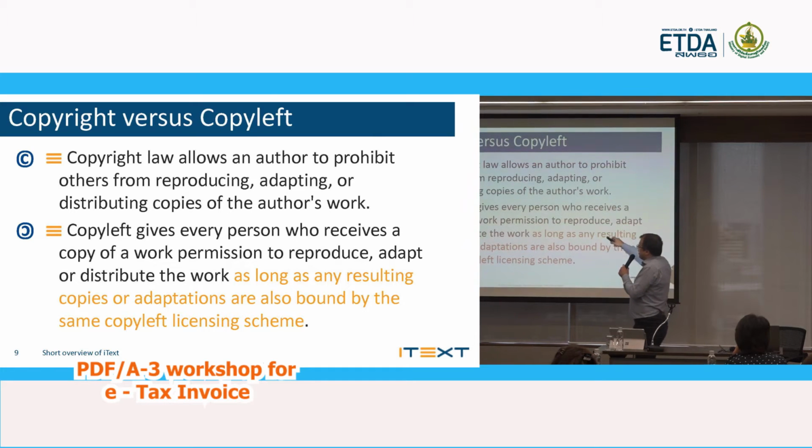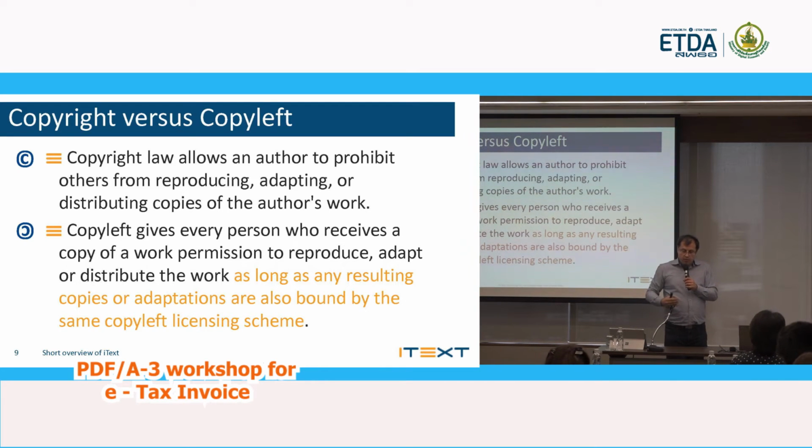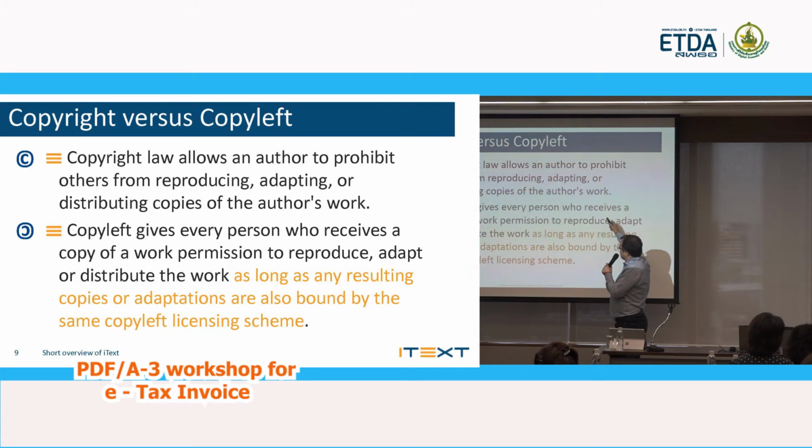Now, copyleft is the opposite. If you say, well, I have written this code, but I will allow every person who receives a copy to reproduce, adapt, or distribute the work, that's the other way around. So you make it available to everyone. What some people often forget is the work is available to everyone as long as any resulting copy or adaptation is also bound by the same copyleft licensing scheme.